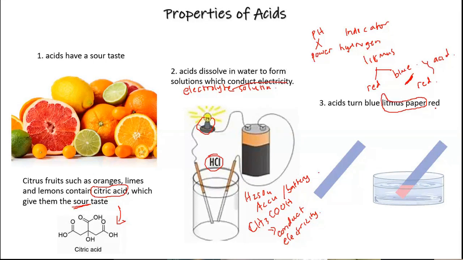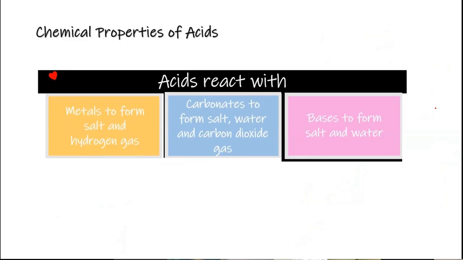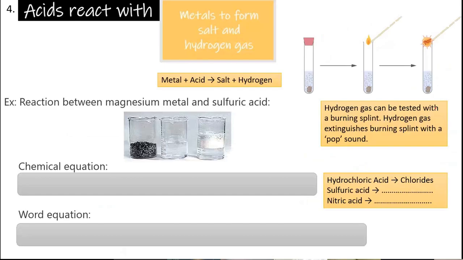The next property of acids is that they react with metal to form salt and hydrogen. For example, magnesium metal reacts with sulfuric acid.